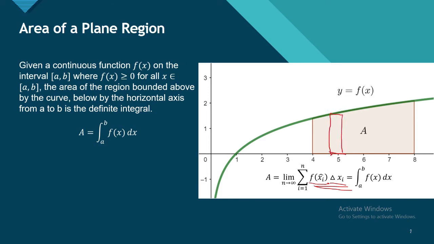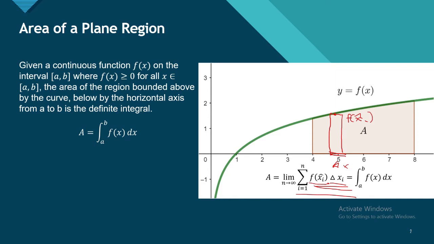The width is delta x, and the height is given by f of some x, which is why I gave it x with a hat, some x inside that interval. When you do the multiplication, the product is just the area of one rectangular strip.